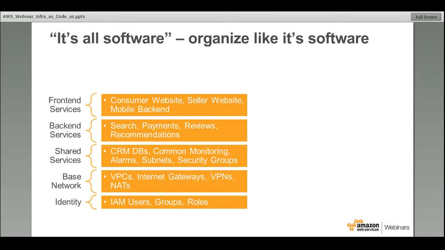For example, modularization. If there are multiple layers of infrastructure that you're using, you can create separate stacks for each of the layers. So for example, this is what we typically see with our customers. If there is an identity stack, there are a bunch of network stacks, there might be some shared services.